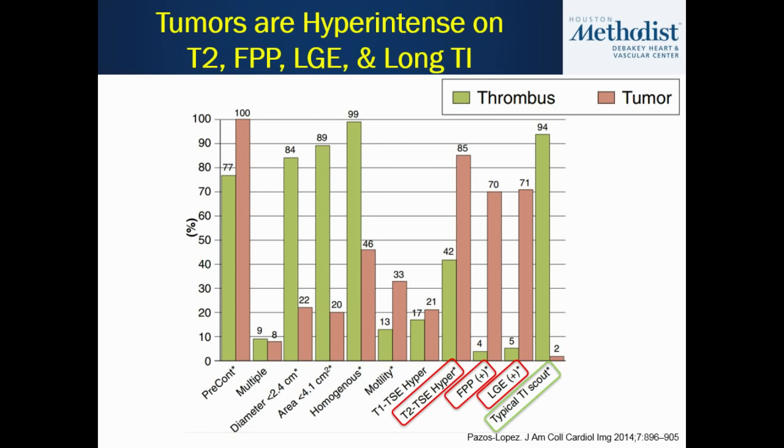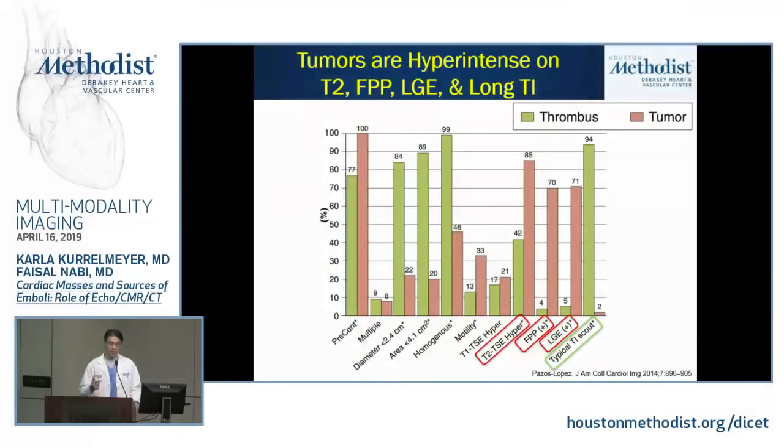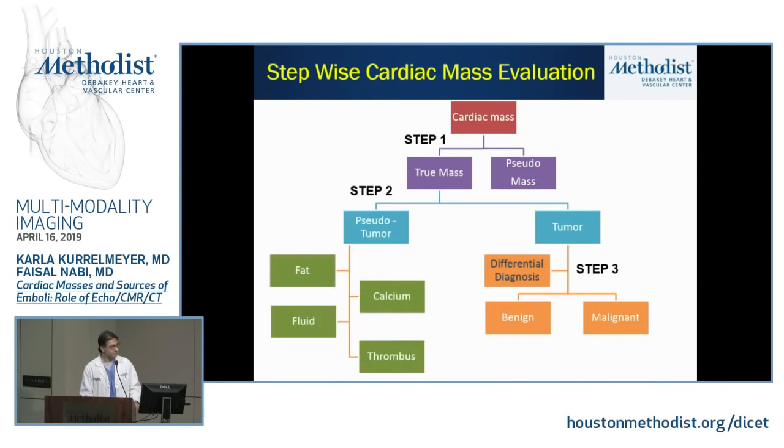If you look at my red boxes, tumors always had, in all sequences that evaluated contrast uptake, whether first-pass perfusion, late gadolinium enhancement, or long TI imaging, consistent contrast uptake.